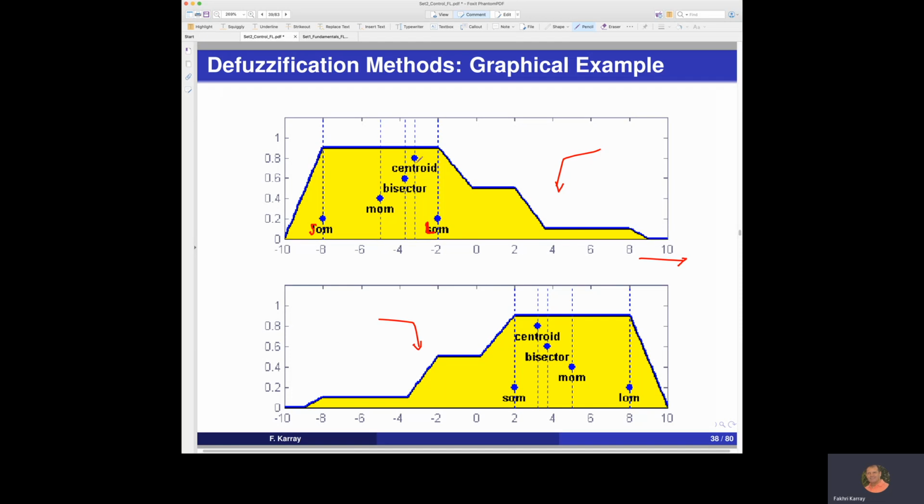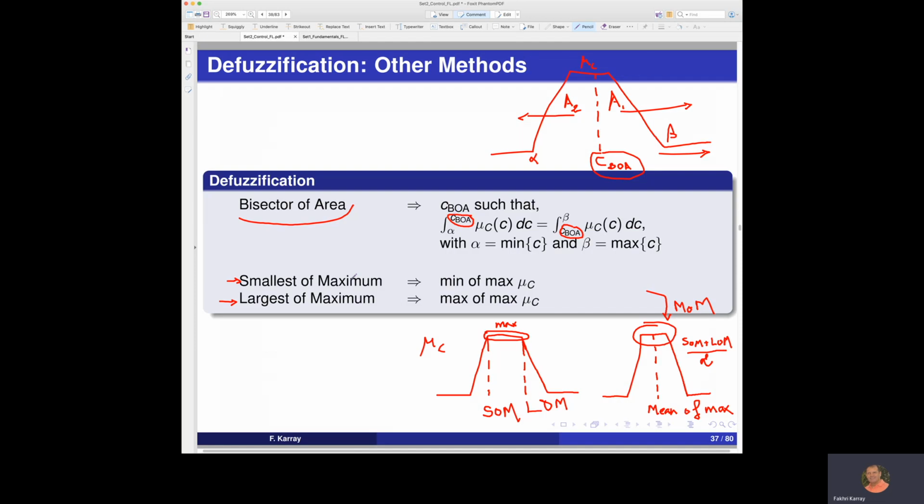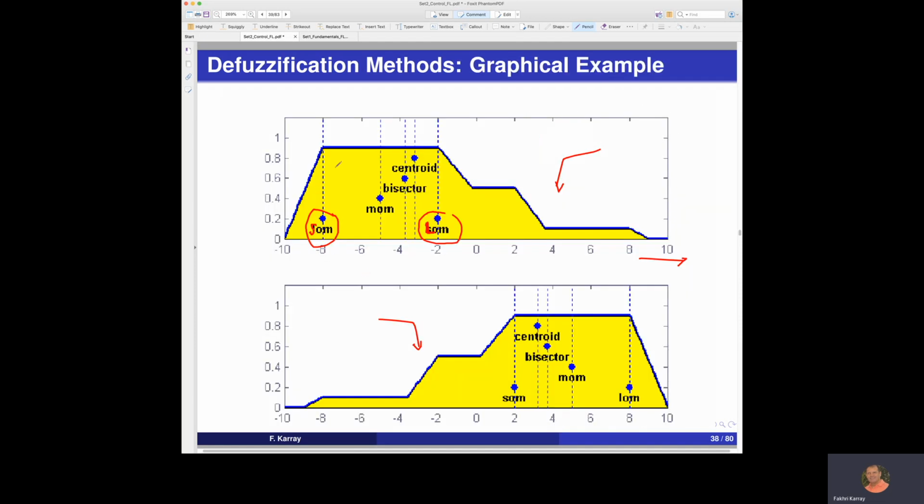I showed you the formula on how to utilize it. The other part is we have seen the smallest of maxima and the largest of maxima. The smallest value where the membership function takes its maximum value, that's SOM. This is LOM. All of these are values, and they are located here.